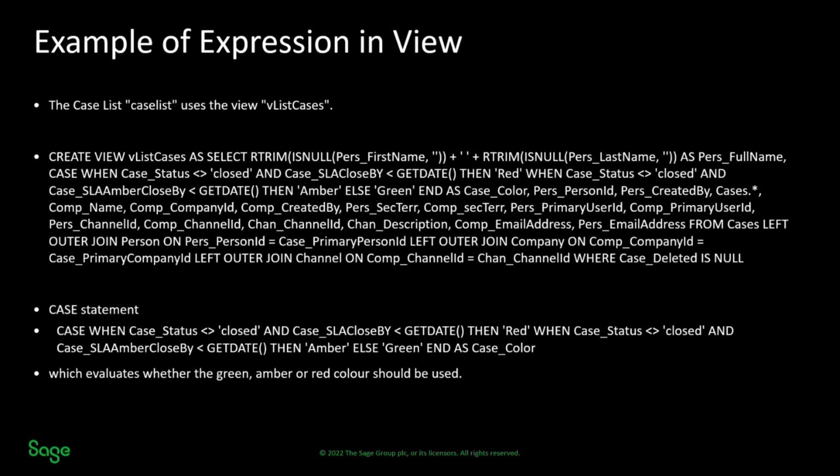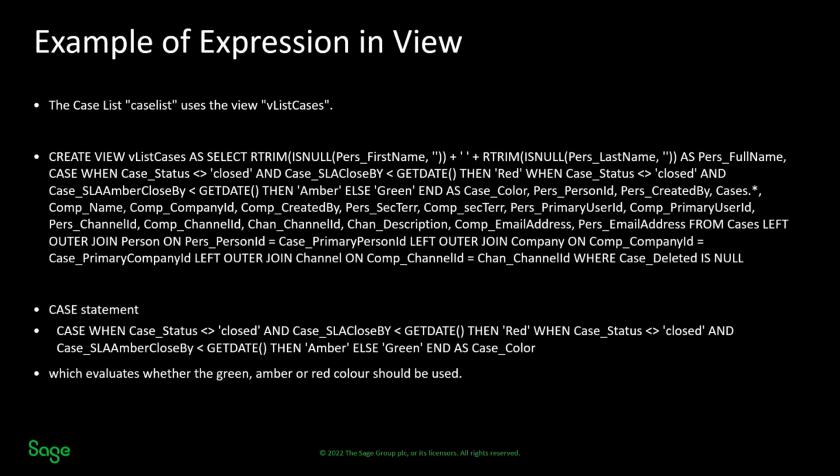So we're getting quite clever by including a case statement in here, and you'll notice that it's saying case when case_status does not equal closed, and when case_SLA_closedby is less than getdate, then it's red.